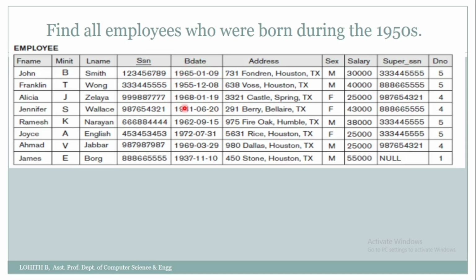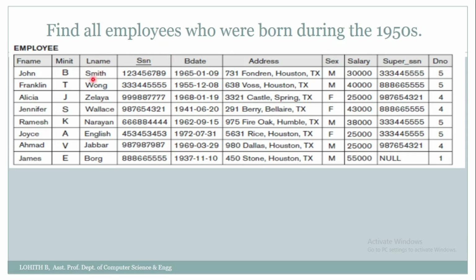Considering that all the information is from the 19th century, and also considering that the data is entered in the right format, the date format in SQL is first the year, then the month and then the day. Now find all the employees.